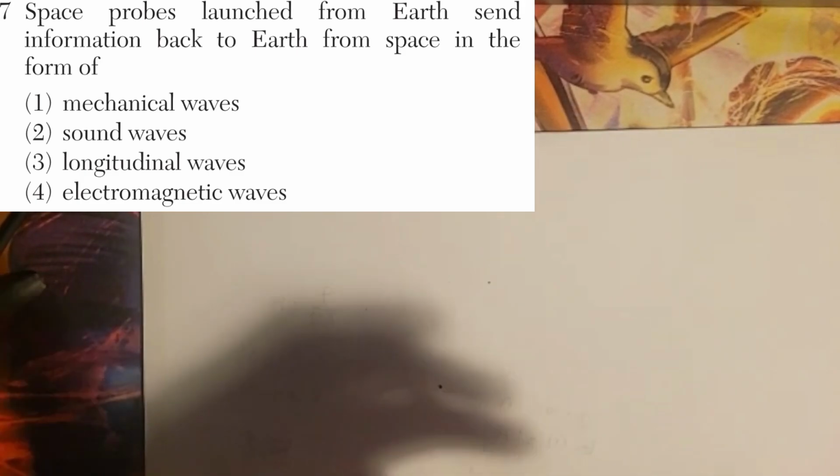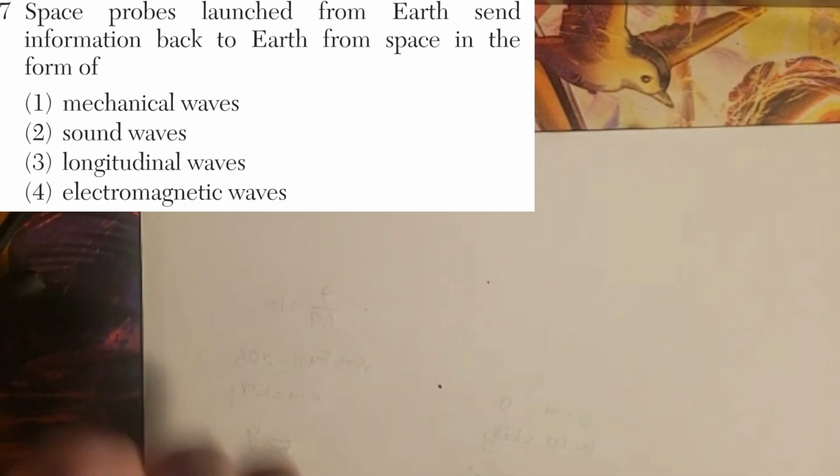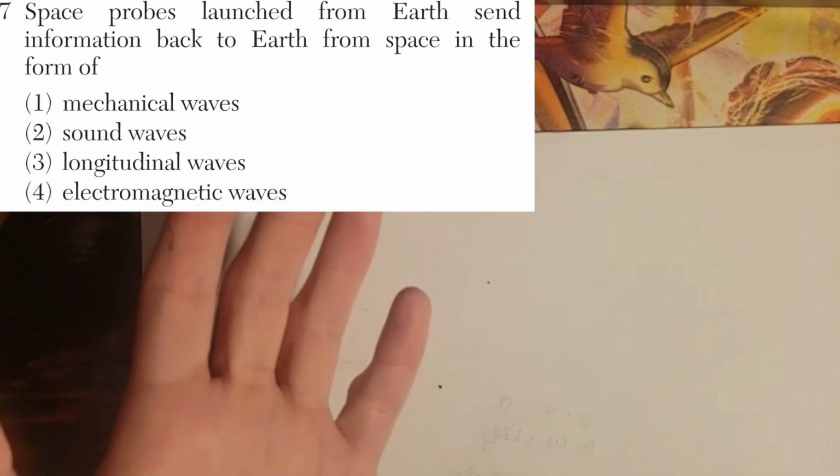Space probes launched from Earth send information back to the Earth from space in the form of mechanical waves, sound waves, longitudinal waves, or electromagnetic waves. Well, for this one, if we're sending information in the form of waves through space, remember space is a vacuum, meaning we don't have a medium. A medium is something that a wave moves through.